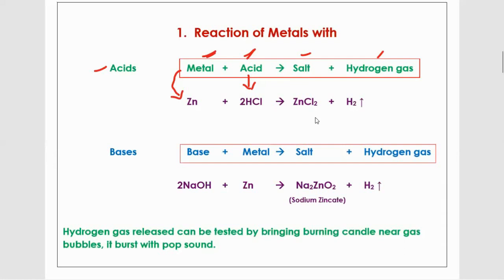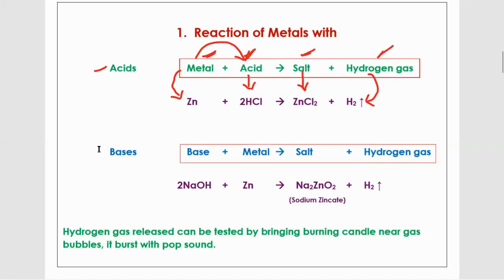If you have seen that video, you can get clarification on how to identify a salt: salts end with chlorides, sulfates, nitrates, etc. This equation is also known as a displacement reaction, which we learnt in chapter 1. Along with the salt, one gas is produced, that is hydrogen gas. So whenever a metal reacts with an acid, it releases a salt and hydrogen gas is produced.